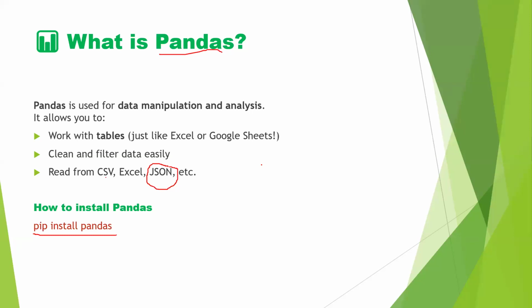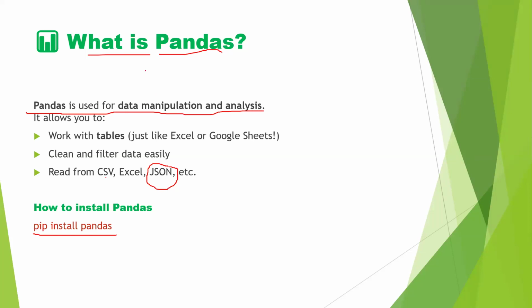The last part that is going to have an example as well is pandas. What is pandas? Pandas is used for data manipulation and data analysis. What is data manipulation? We can manipulate how data looks to have a different format.